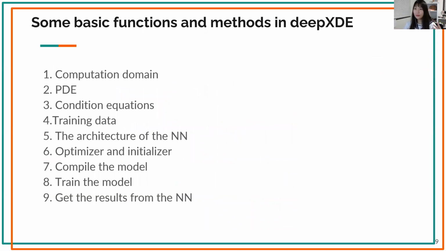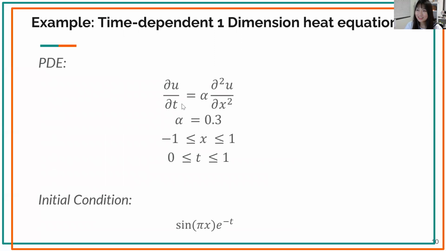To make it work, we are going to learn some functions, methods, and modules in the DeepXDE package. And I will go through these nine items one by one. For the following explanation, let's use a heat 1D equation as an example for easier explanation.